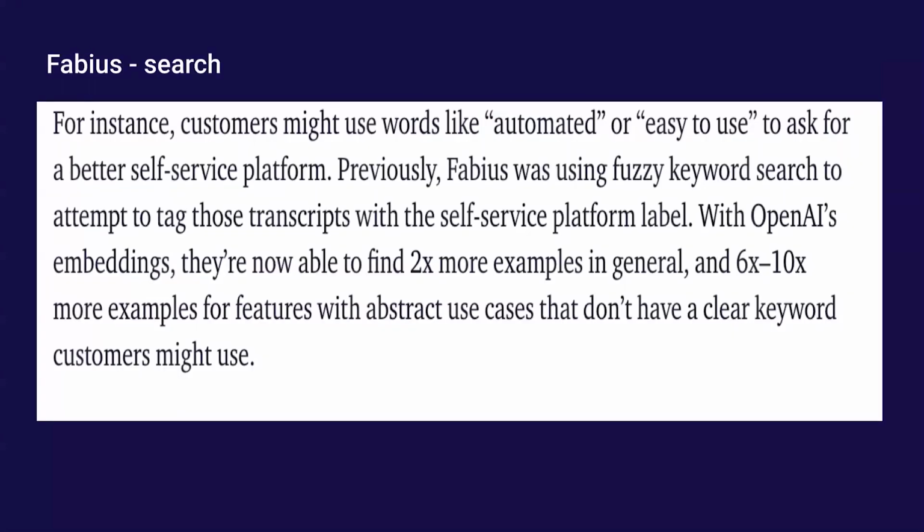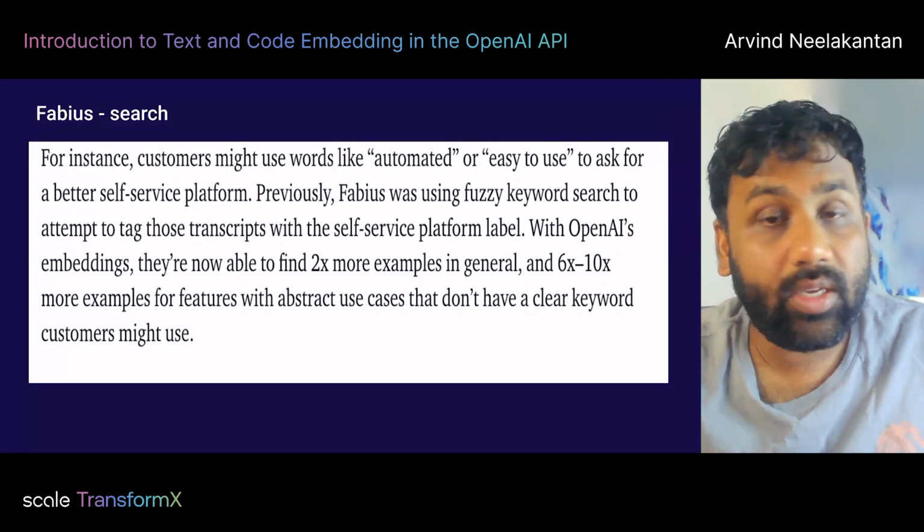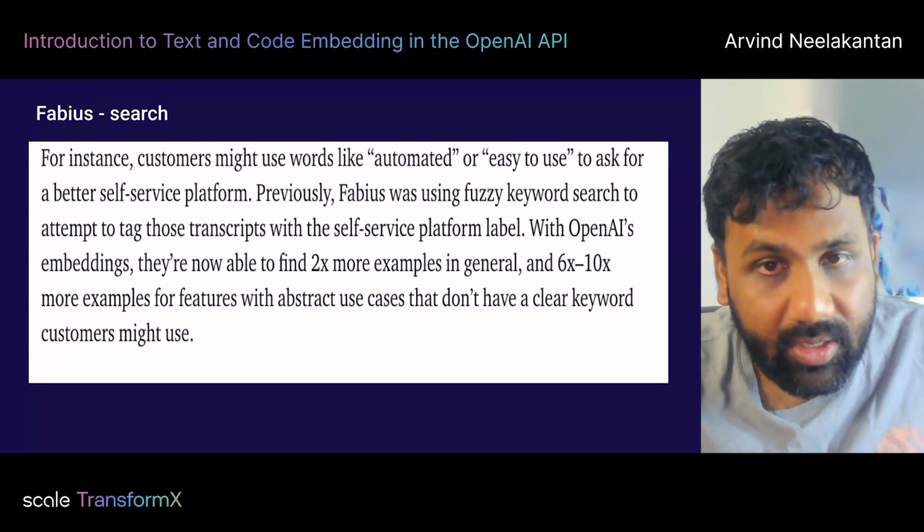And to give you more indications of our model being more robust, we have customers who are using our embeddings in real world tasks. First, I'll talk about Fabius, which is an enterprise search company that was using keyword search before switching to OpenAI embeddings.